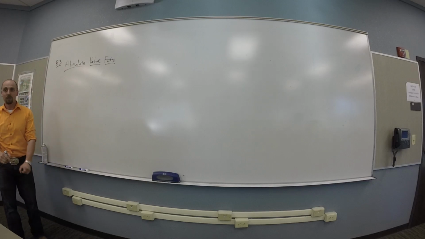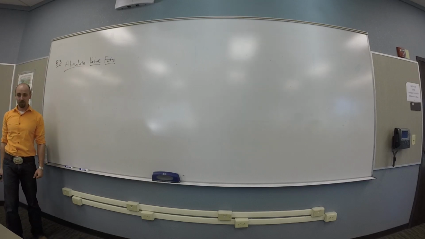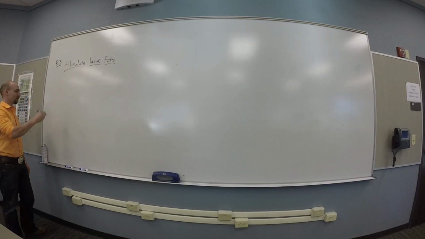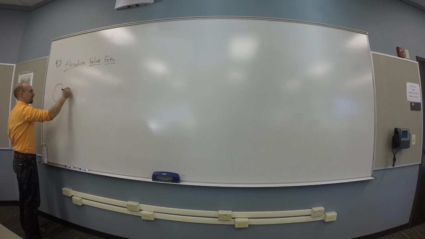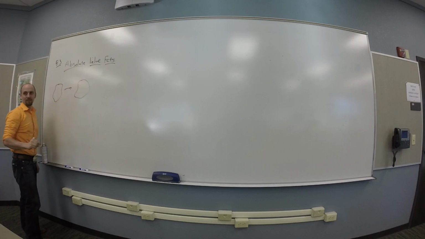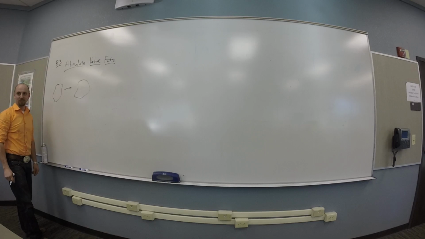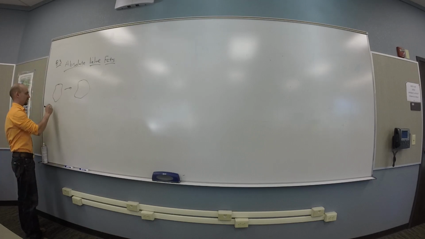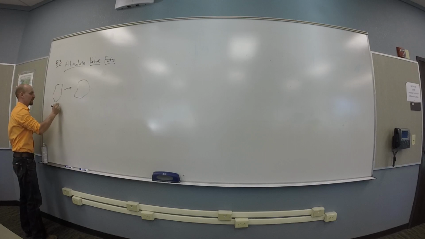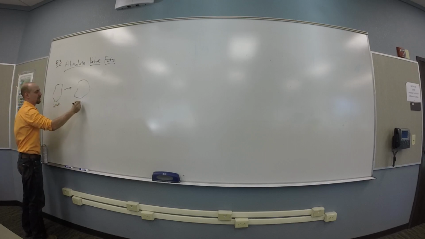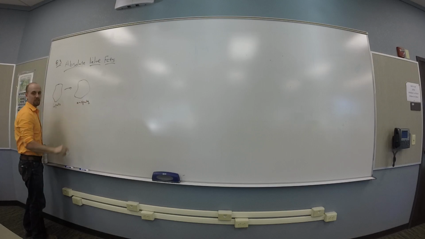Okay, so the idea, just to review, of a function is this thing with blobs, right? What do the blobs represent? Inputs and outputs. What do we call these?